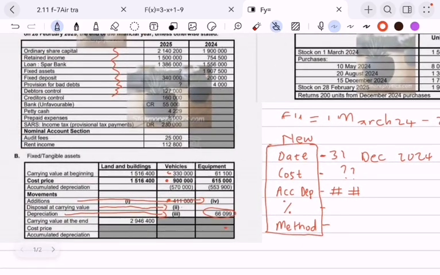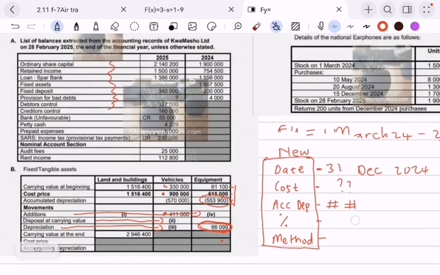You were given depreciation for the year. And you were also given the depreciation of the old. Right? So meaning we can use the old equipment's value, cost and accumulated depreciation to determine the depreciation of the new. Then after that, we can reverse our calculations basically.